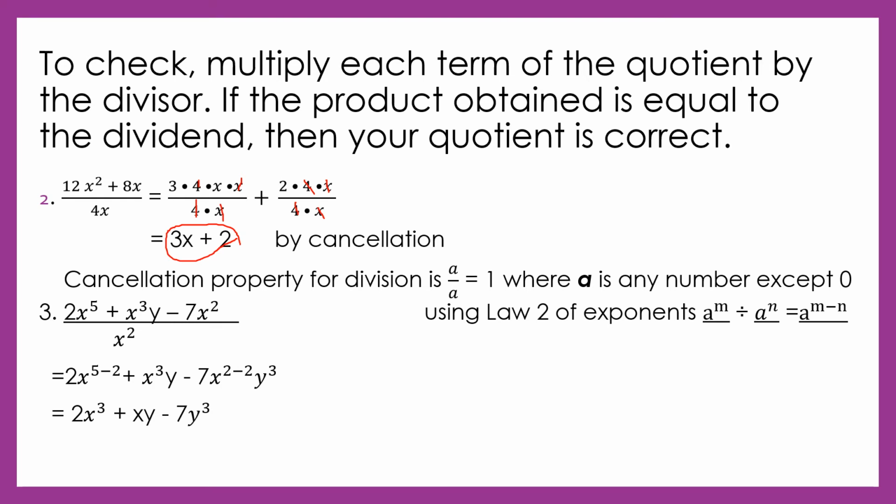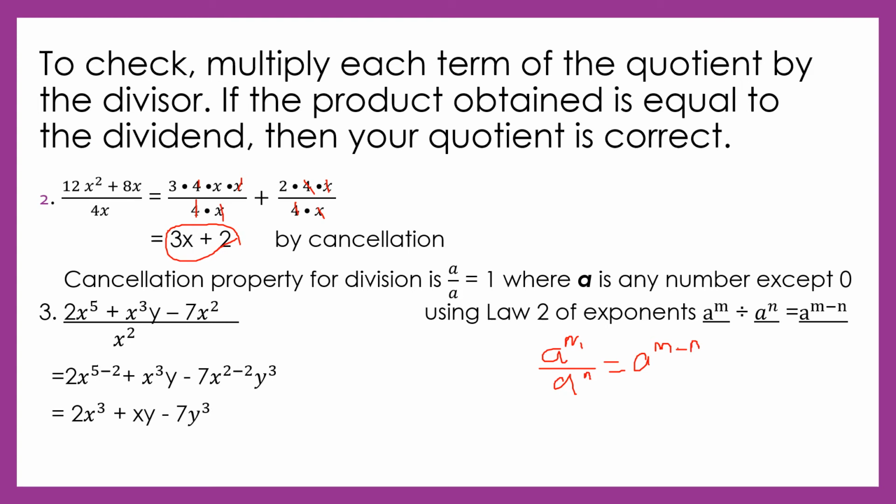Example number 3: 2x cubed plus x squared y minus 7x squared over x squared. Using the second law of exponents, we have a raised to m divided by a raised to n is equal to a raised to m minus n. Always remember, guys, in division, we subtract the exponents.